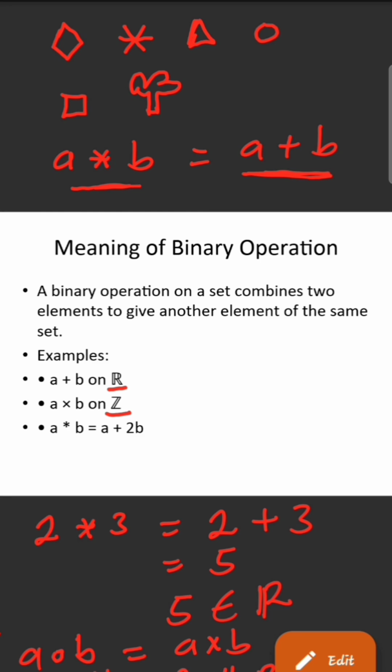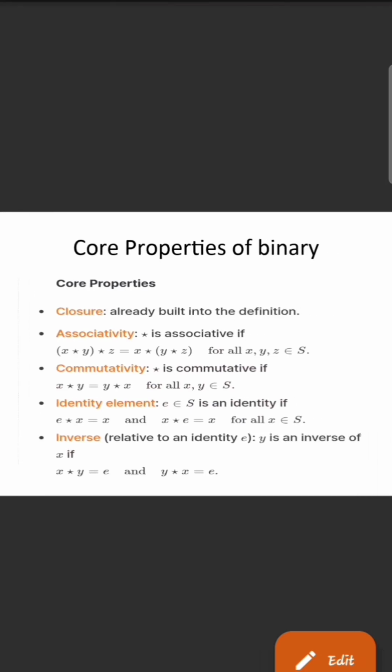Let's move on to the next slide. Now, these are the core properties of binary operation. We are going to be treating each and every one of them one after the other: closure, associativity, commutativity, identity elements, inverse.